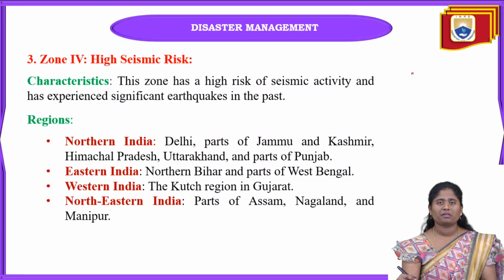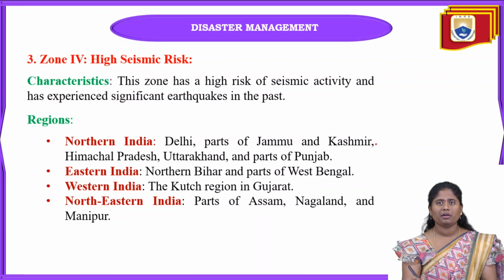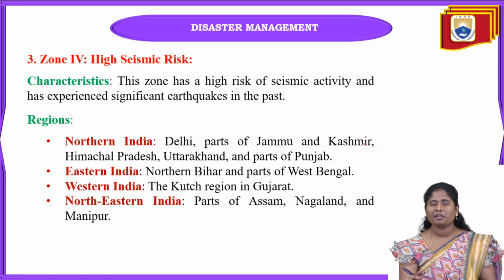The regions which come under this zone 4 are, in the north side, Delhi and also Jammu and Kashmir and some other parts of Punjab and Himachal Pradesh. And next one is eastern India, some parts of West Bengal and northern Bihar also come here.